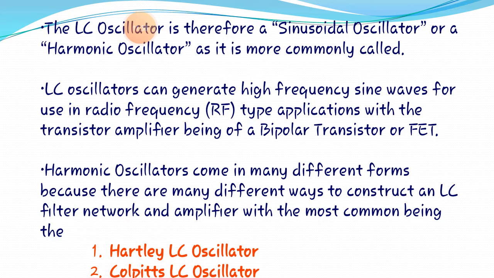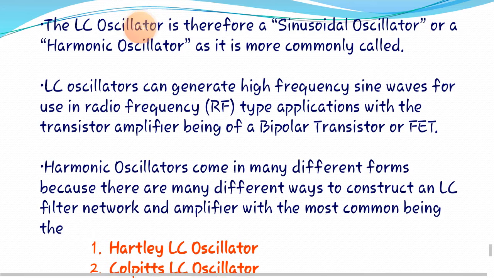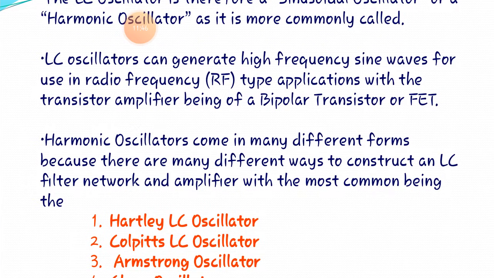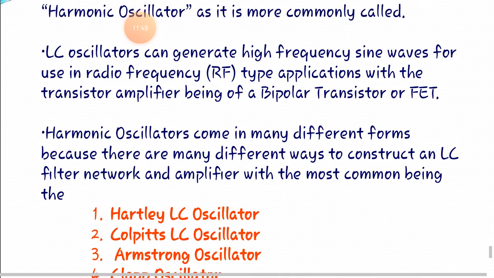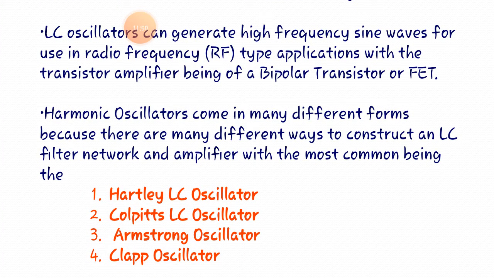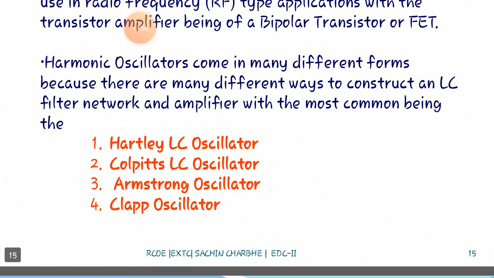The LC oscillator is therefore a sinusoidal oscillator, or harmonic oscillator as it is more commonly called, and LC oscillators can generate a high frequency sine wave for use at radio frequency, with the transistor amplifier being a bipolar transistor.